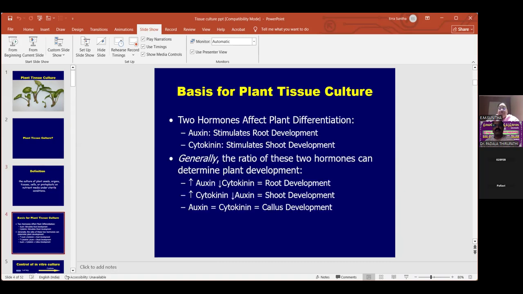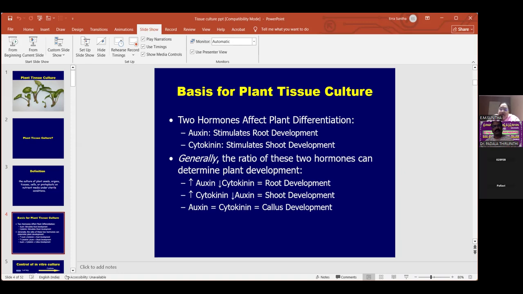But before we go to the procedure of tissue culture, we have to learn some basic things. Yes, nutrient media is needed, but just as we have the endocrine and exocrine hormone system in our body, in the same way plants also have certain hormones called phytohormones, or growth hormones, present in the plant system.